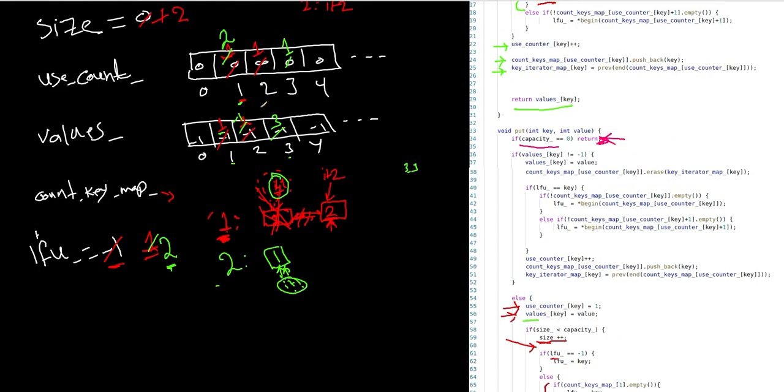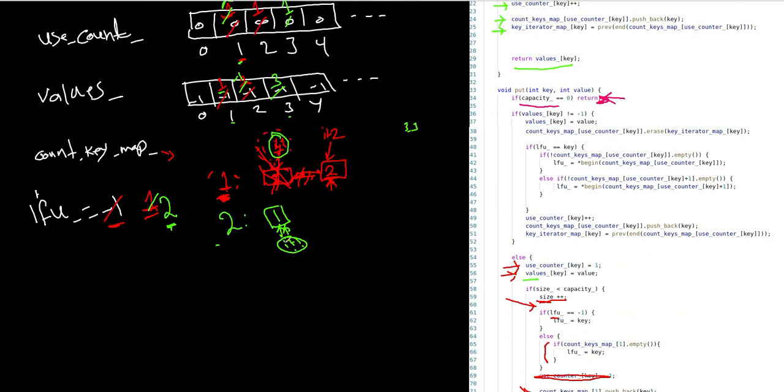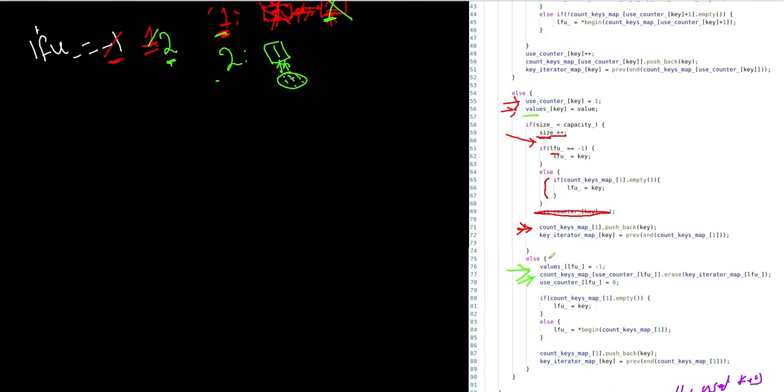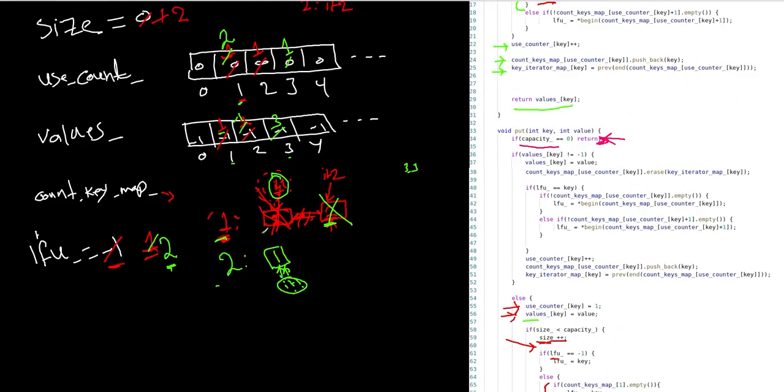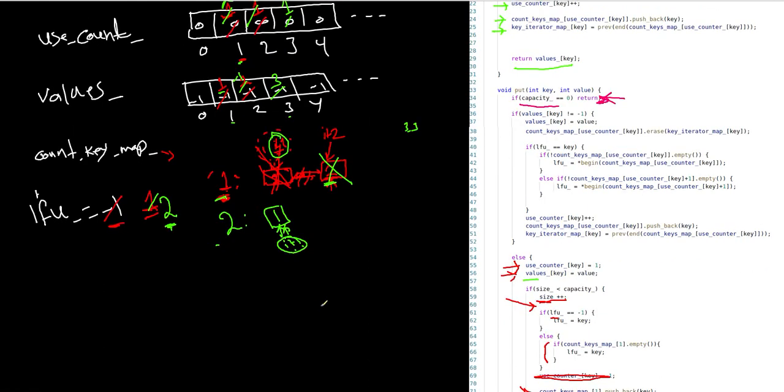The use counter is 1, and 1 is here, and so we can find this 2, and we remove it. So this linked list for key 1 is empty now, and use counter of the invalidated key, of course it's 0, so we invalidated this key 2, so the count of 2 will be 0.